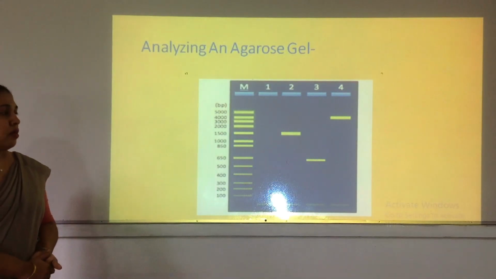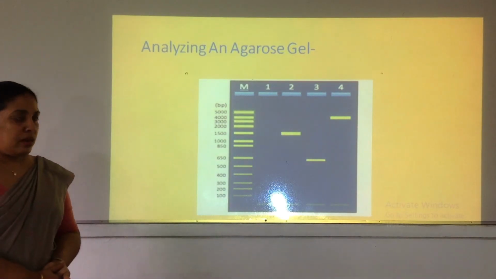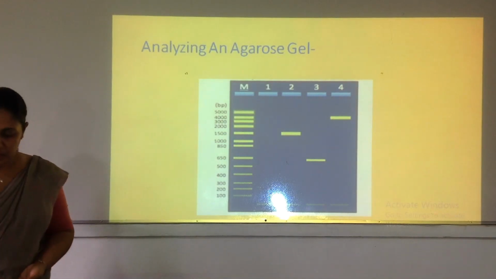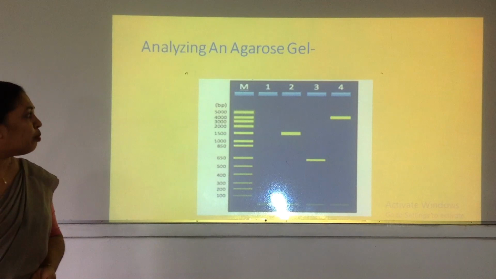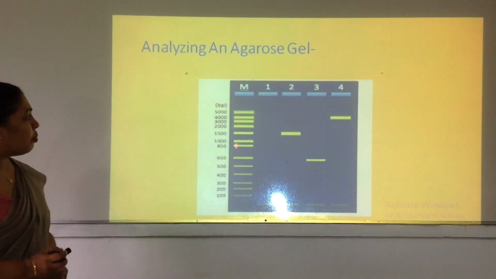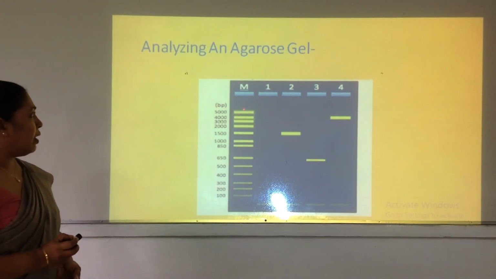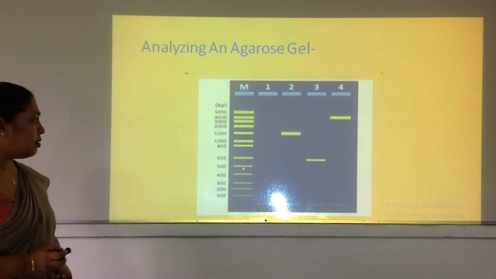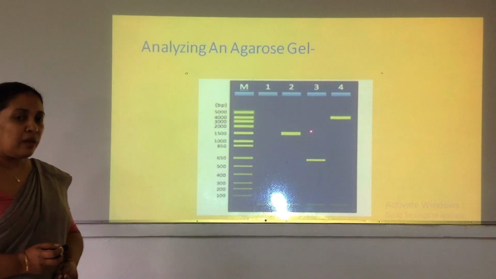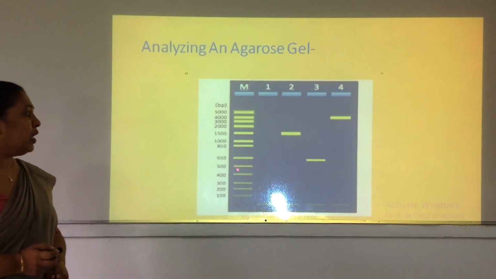So when the gel is run, we have to analyze it. I mentioned we have to use a marker ladder for this, and this is the ladder, and it has the molecular weights of the DNA fragments. Usually ladders come commercially with known molecular weights.